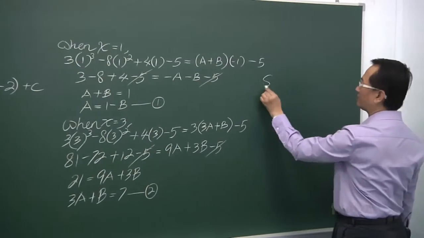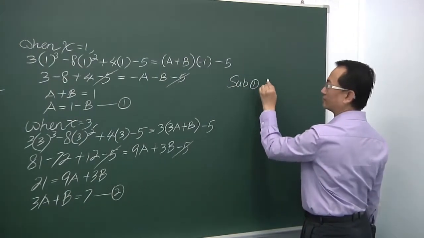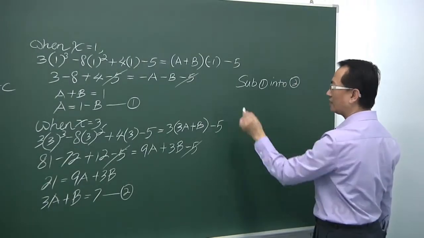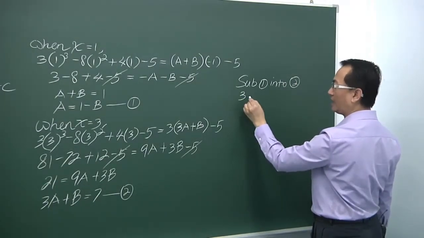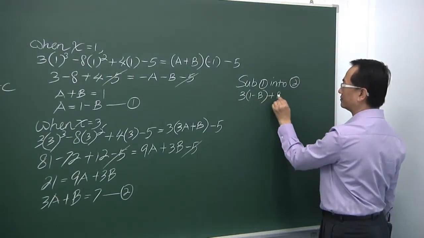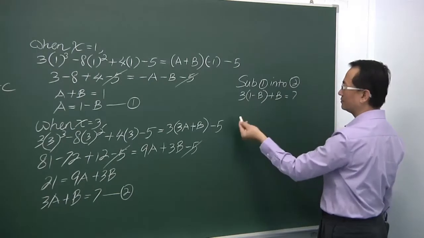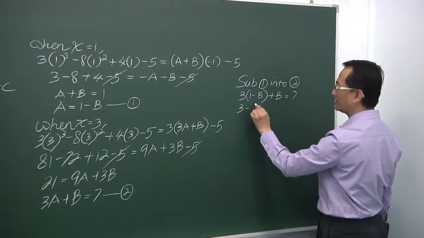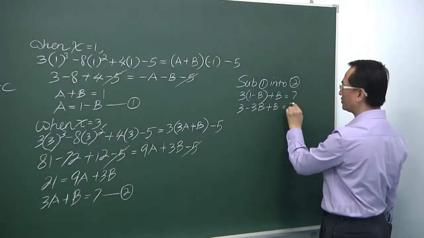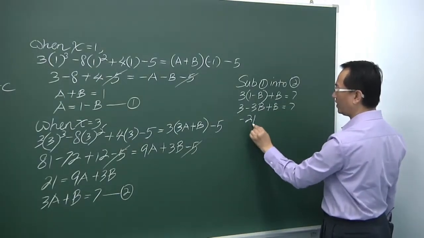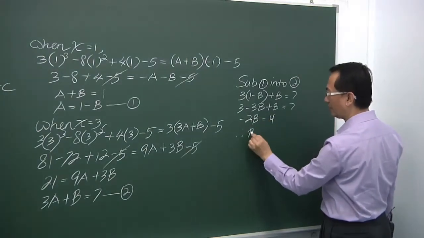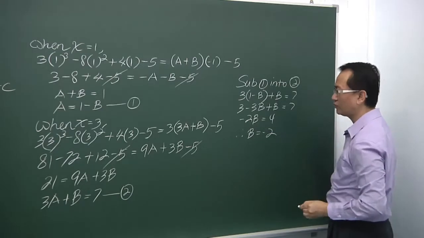So substitute 1 into 2. The 3a, the a is replaced by 1 minus b. So I have 3 minus 3b plus b is equals to 7. Negative 2b is equals to 4. Therefore, b is equals to negative 2.